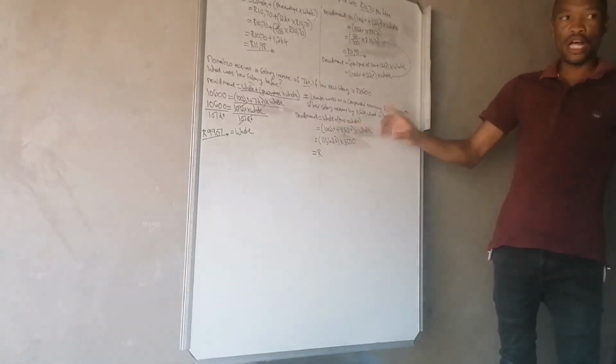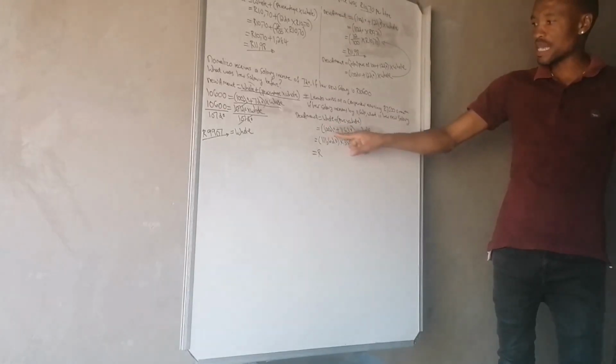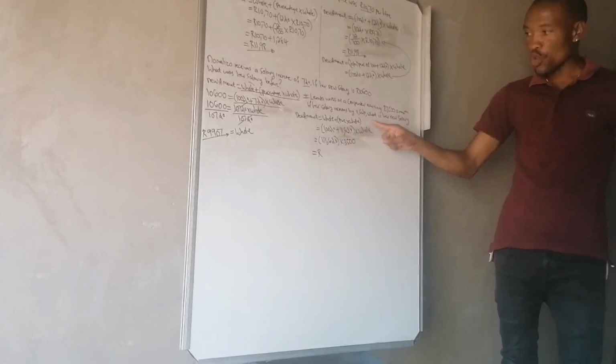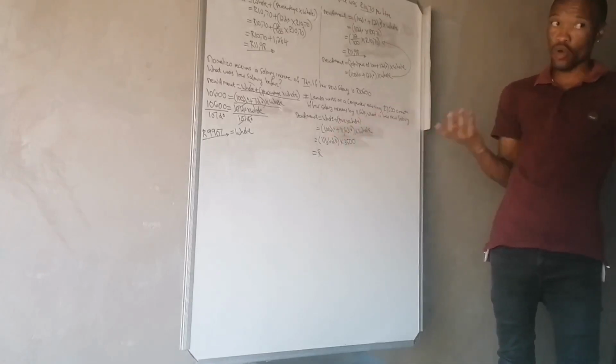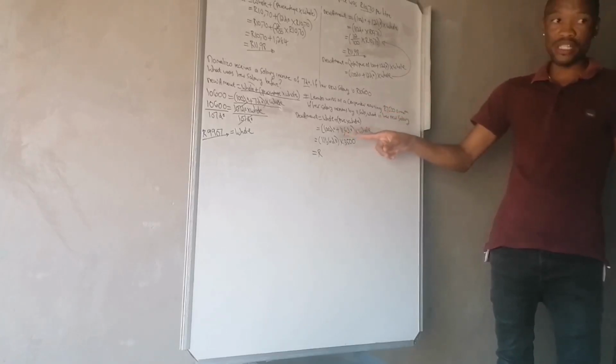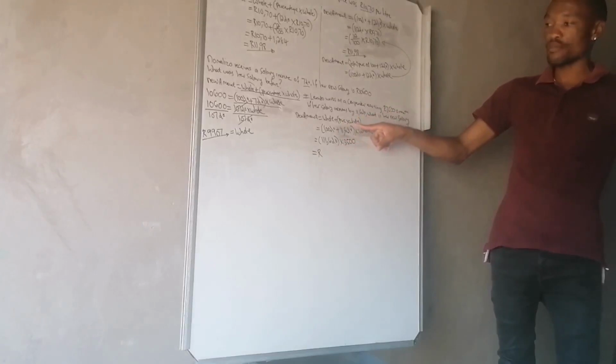We introduce a formula that is good. 100% plus 11.6%, you now multiply it by the whole. Or the whole plus the percentage times the whole.